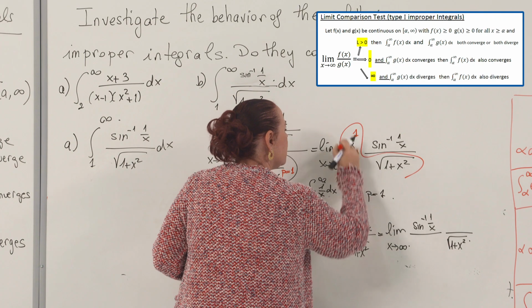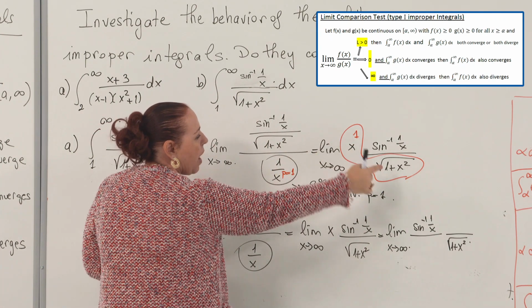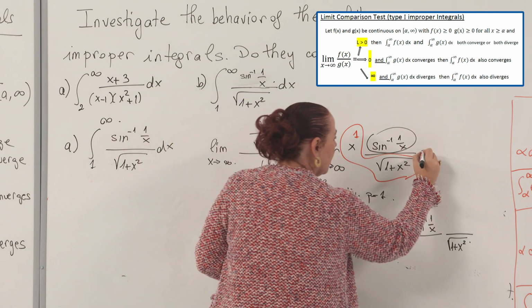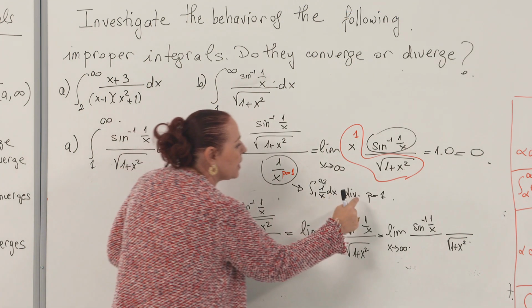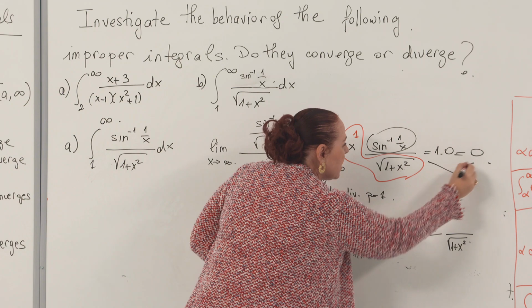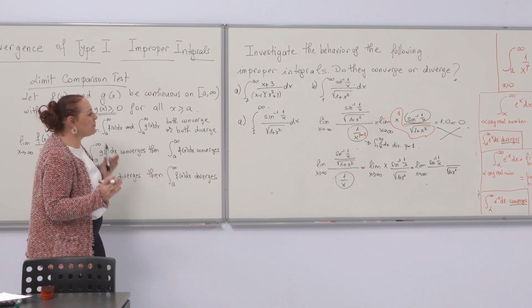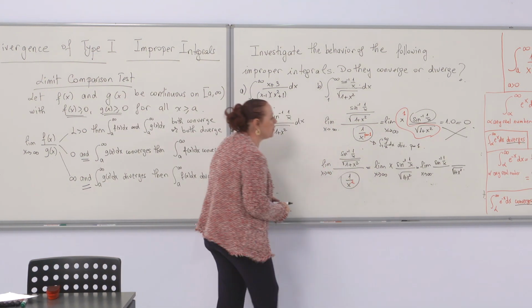I take this. They have the same power, so the limit is 1, and the limit of inverse sine 0 is 0. So the answer is 0. The one in the denominator is divergent. The test doesn't work. So I go to my second option. Let's write 1 over x squared.